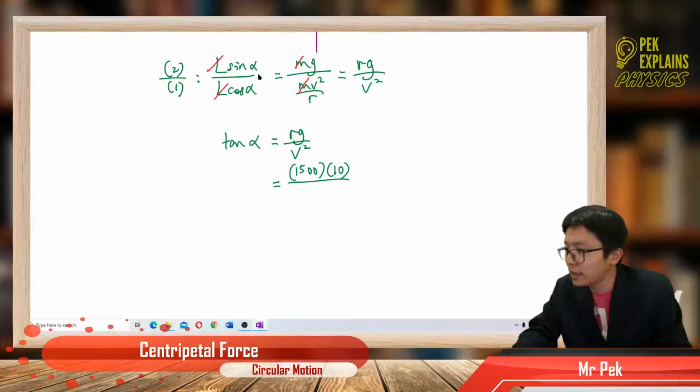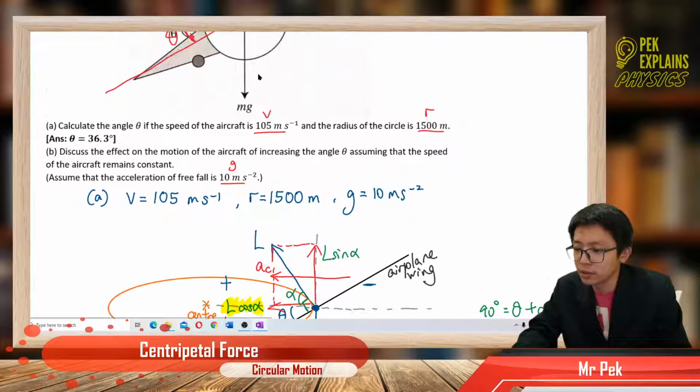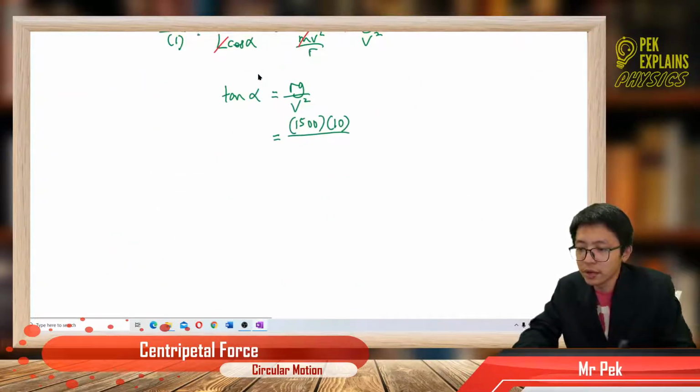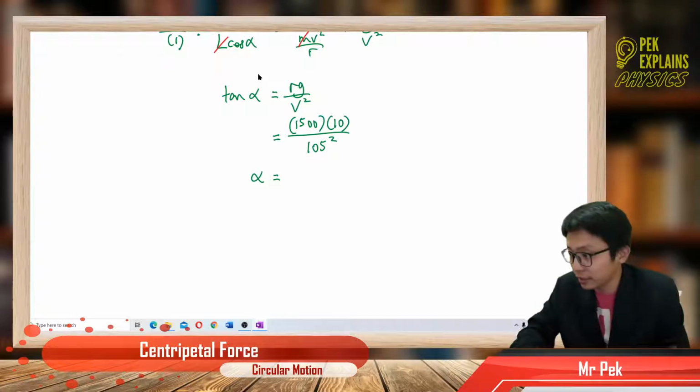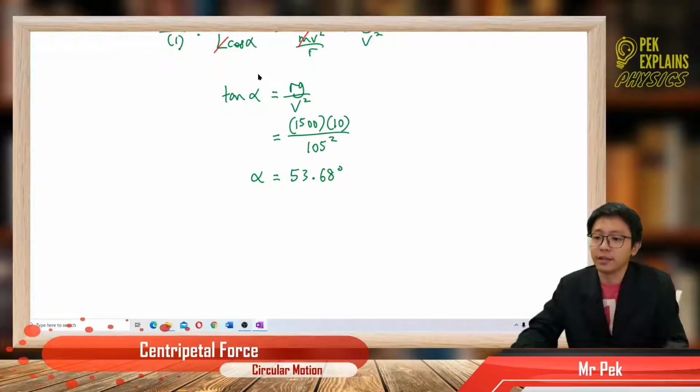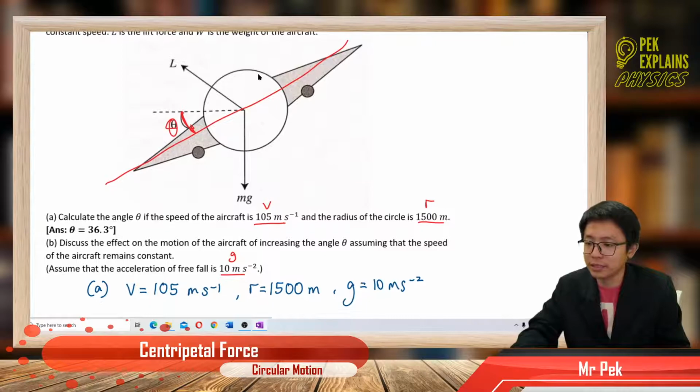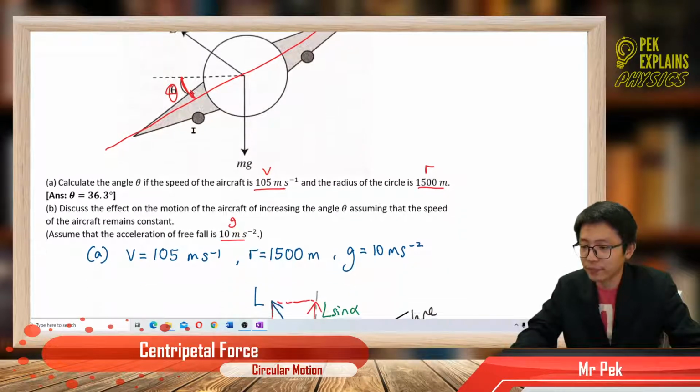Divide by V, which is 105, 105. Alright, so to find our alpha, take the antitangent. After that, we got the answer for alpha is 53.68 degrees. That's right. So we got the alpha, but what we need is the theta, not the alpha.